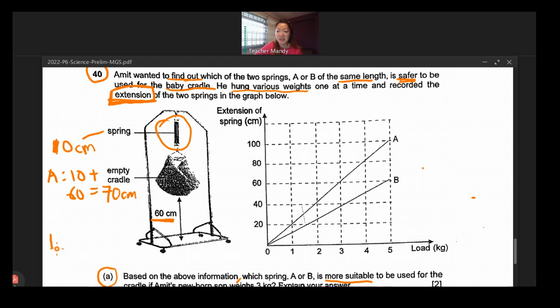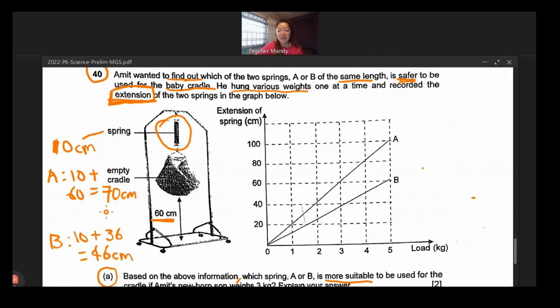For B, when you put a 3 kg load inside, it would be 10 original plus the extension, about 36, an estimation. It would be 46.